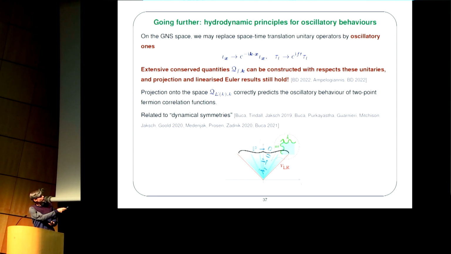In other words, you can do hydrodynamics not just at zero frequency and at zero wave number, you can do it at arbitrary microscopic frequency and microscopic wave number. You just have to replace your fluid cell averaging by oscillatory fluid cell averaging.